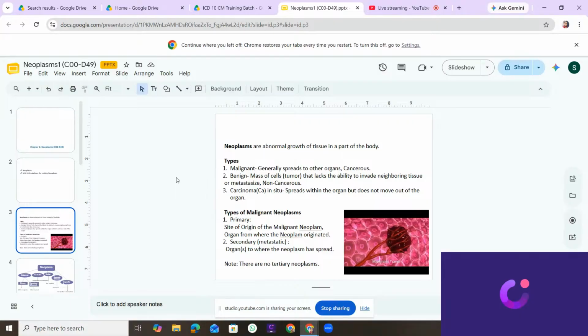Note there are no tertiary neoplasms. We only have primary or secondary neoplasms. Right, so let's move to the next slide.